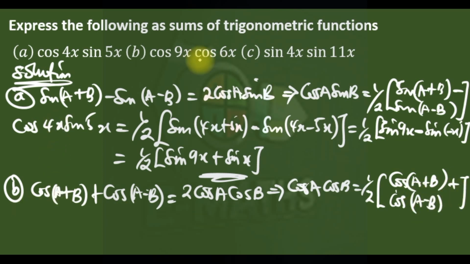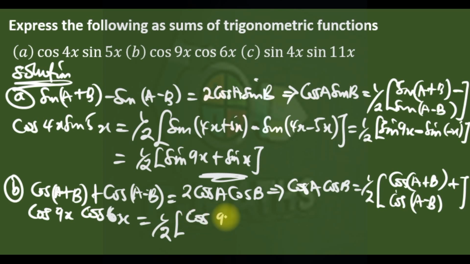So looking at this, we have cos 9x cos 6x. If you compare, our A here is 9x and our B is 6x, so it is equal to half of cos 9x plus 6x plus cos 9x minus 6x.